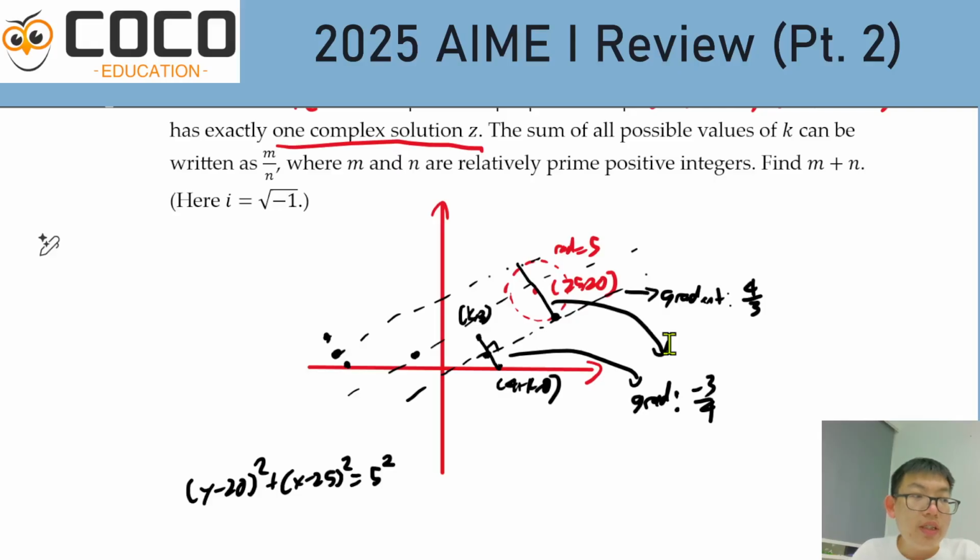Okay, so I think maybe I actually do not need to do full-fledged coordinate geometry, do I? If I already know that the gradient of this is minus 3 over 4, it would be literally just 3 and minus 4, because it's a 3, 4, 5 triangle. This will be minus 4 over 3. So 29, 4 is the change in x, minus 3 is the change in y. Okay, so this would be the pair of points where it would be tangent.